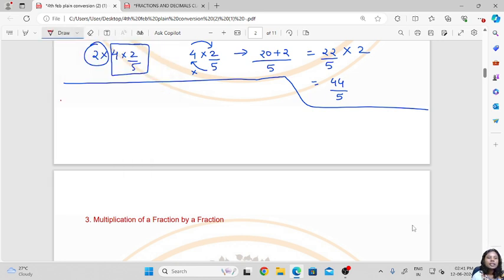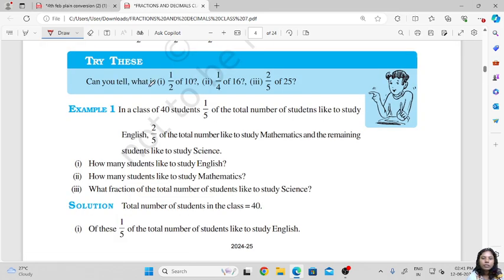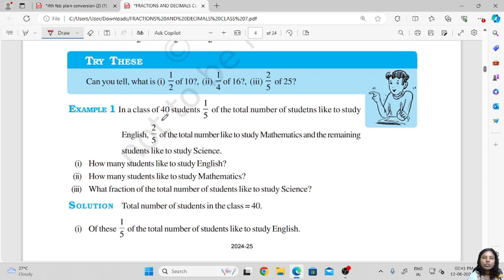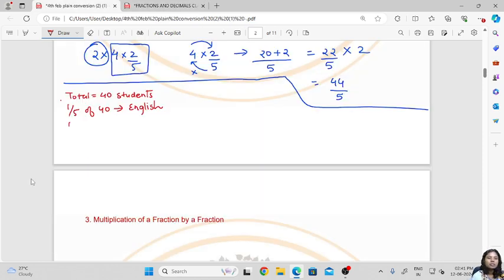So a class has a total of 40 students. 1/5 of 40 like to study English, and 2/5 of 40 like to study maths.